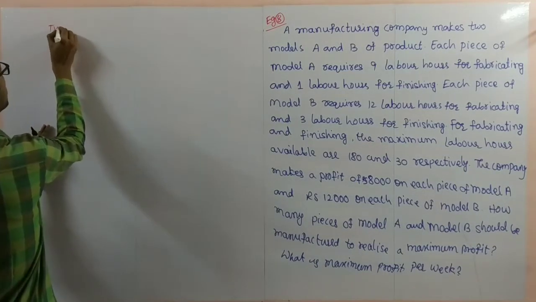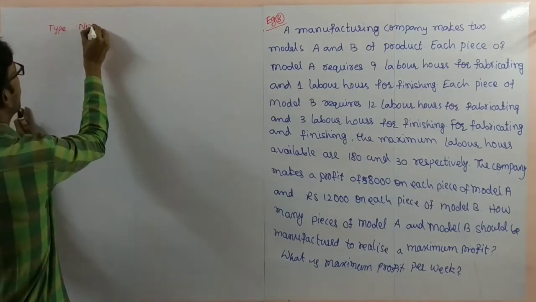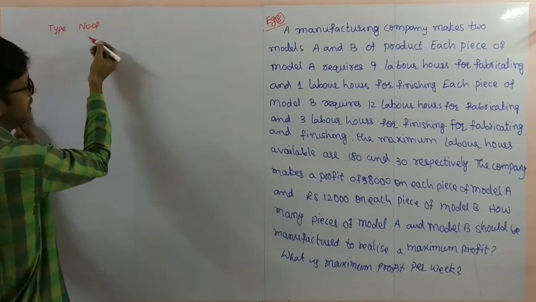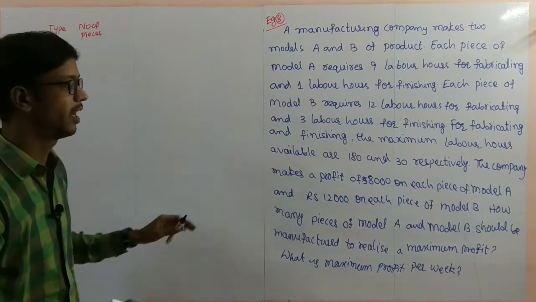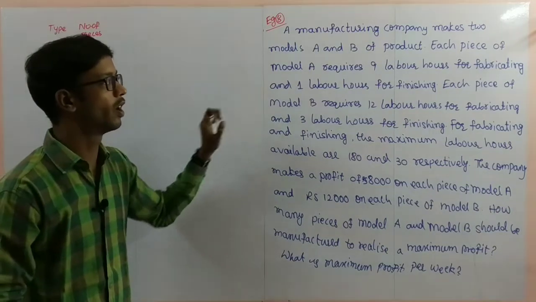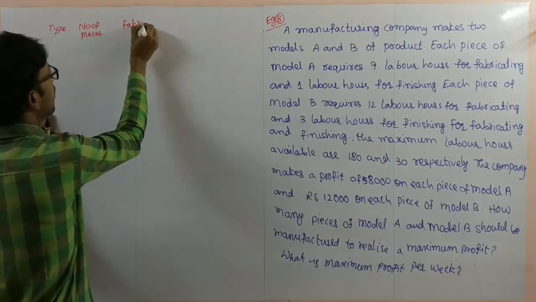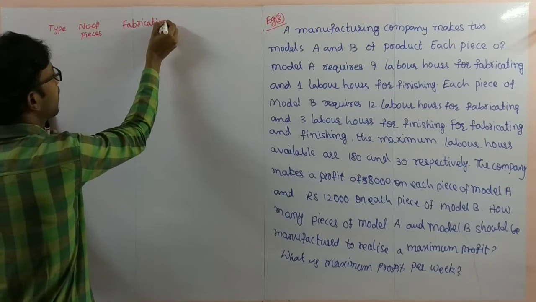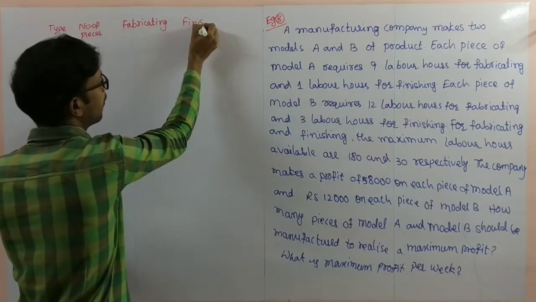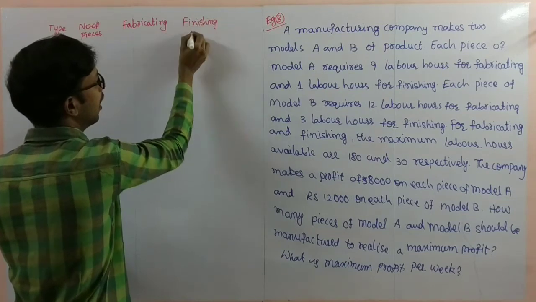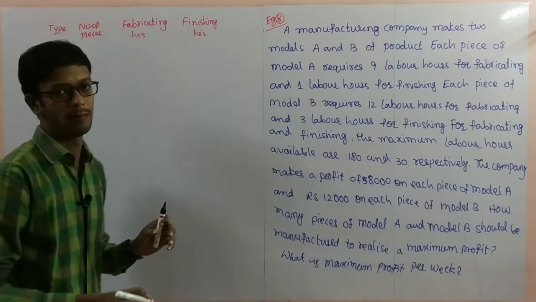First, types. Number of units or pieces. Next, two works are there: fabricating and finishing, labor hours.